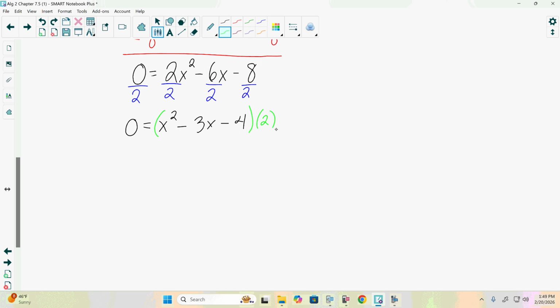It's just saying that we multiply it by 2, we still get 0. So we can actually divide it out, because even after we factor this, it's still going to be 2 times those 2 sets of parentheses, and those 2 sets of parentheses are the only thing that can be 0. If we were actually factoring it, we need that 2 because we need to get back to the 2x squared minus 6x minus 8.